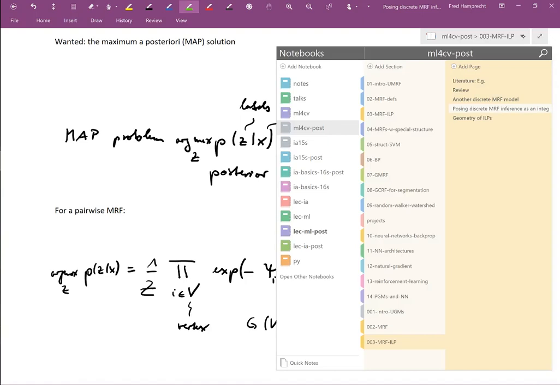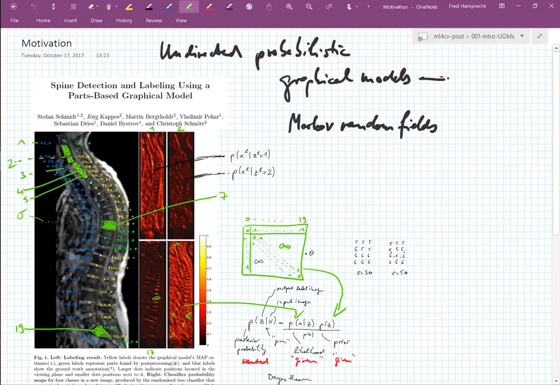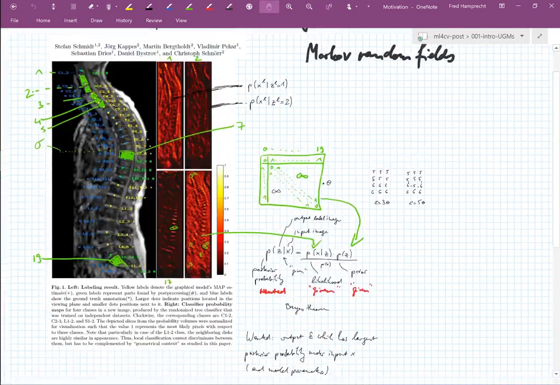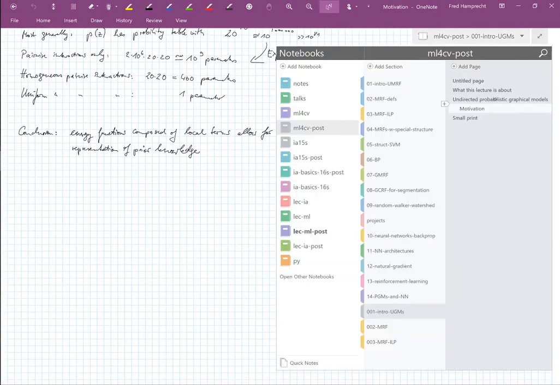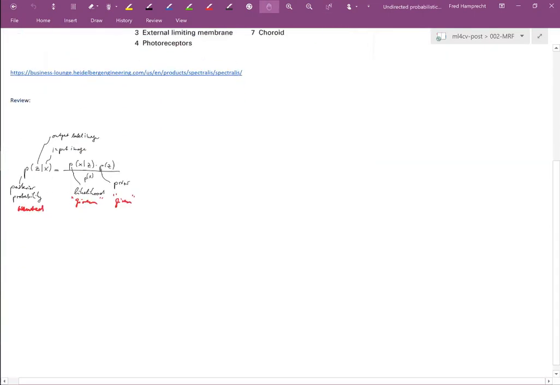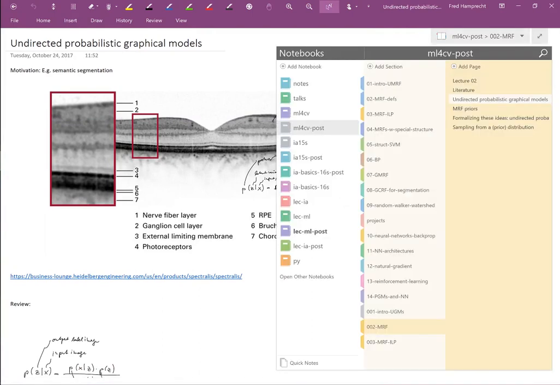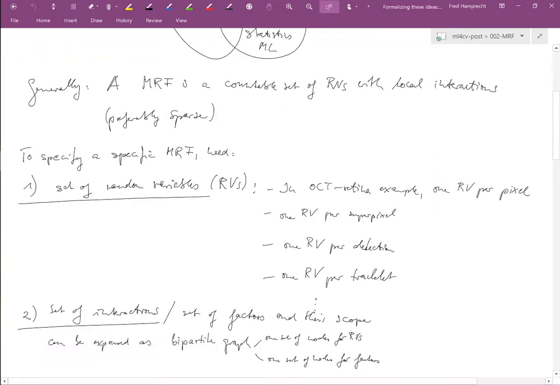The very general formula we had seen was, let me see, going back in time, not here. Okay, there it was.